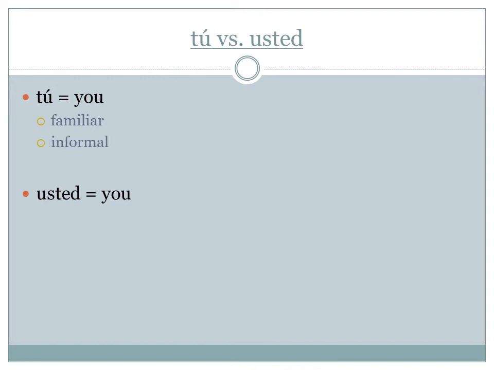For example, with a friend or a family member. Usted and ustedes are used in an unfamiliar sense, or in a formal situation. For example, with an employer, with a person that you don't know, or with any person that you would refer to as sir or ma'am.